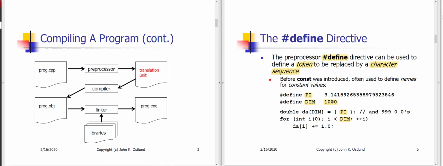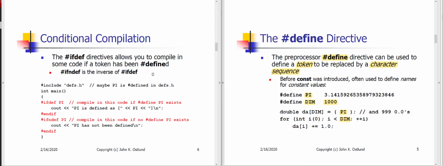Nowadays, you can achieve these same purposes of array dimensioning and loop control and specifying special values like pi using const rather than define. But we still need to use pound define in order to handle what's called conditional compilation.